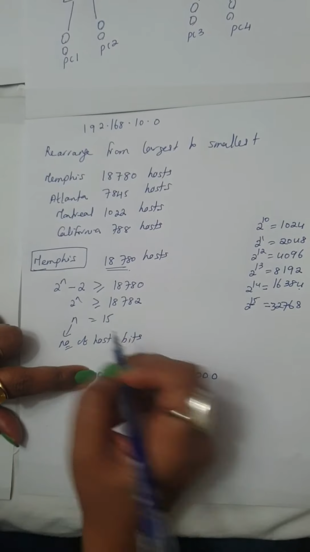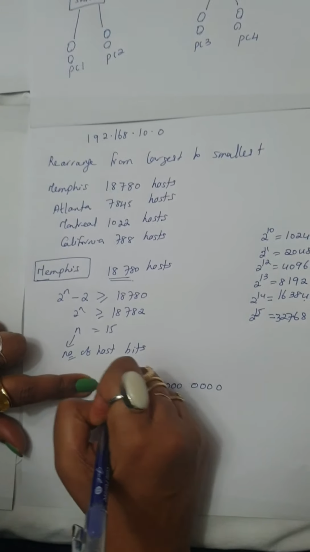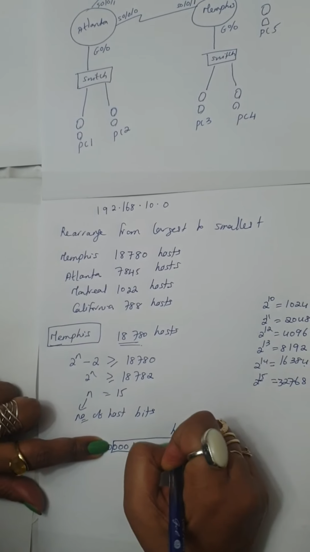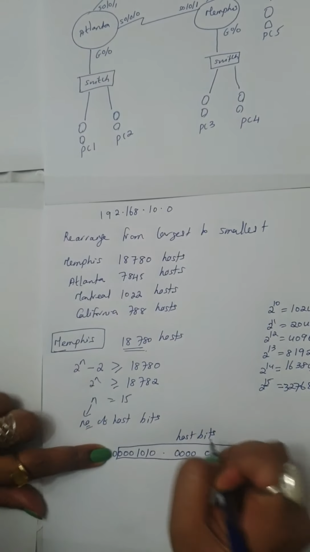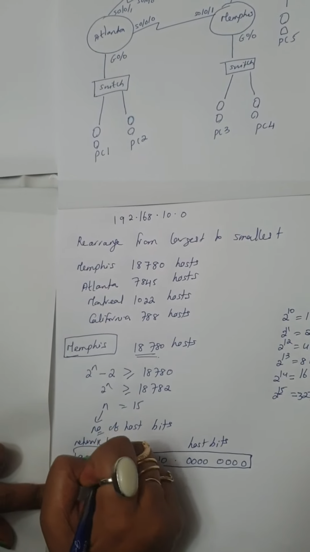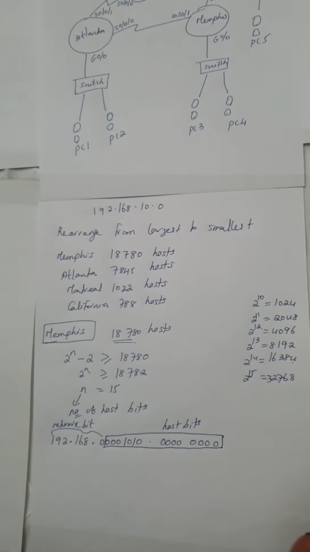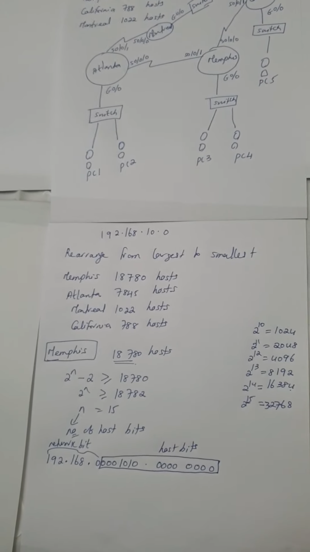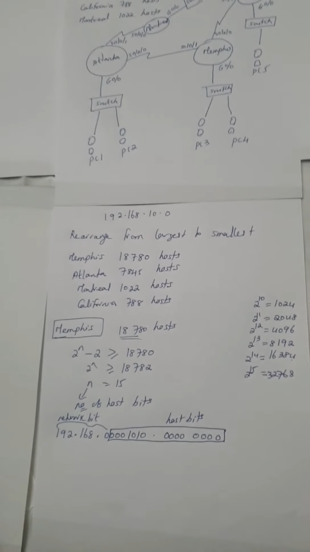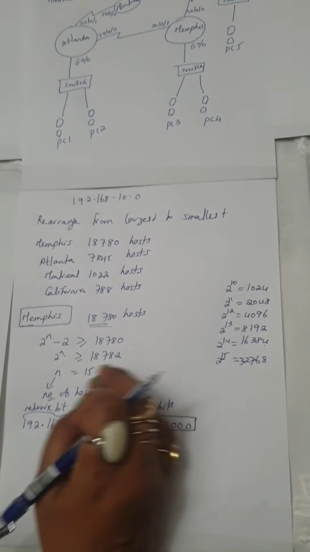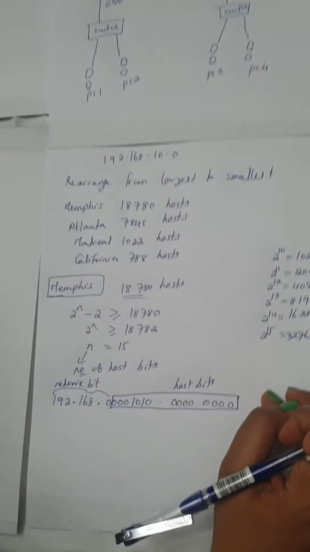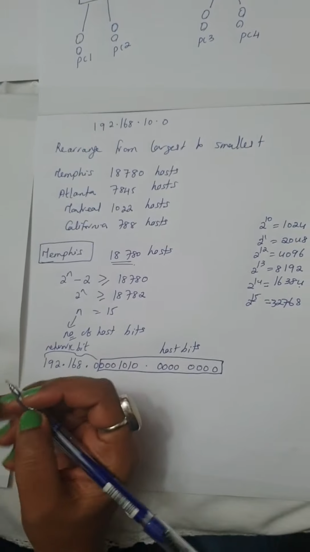So I need 15 host bits. So these 15 now represent host bits. And this represents network bits. So that's important. We have to know which part of our IP address represents host bits, which part represents the network portion, because we're going to work with the host portion when we put addresses on the different devices.